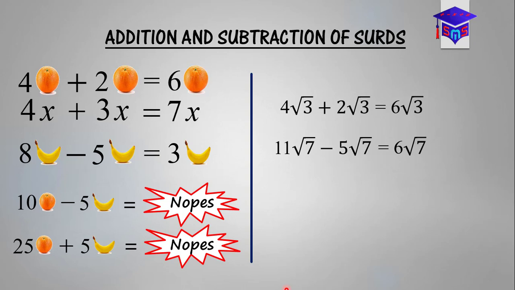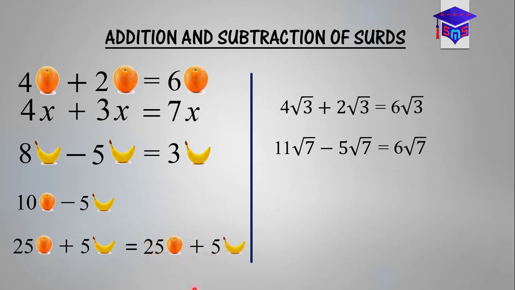But you agree with me that if I have 25 oranges in a box and I add 5 bananas, I'm going to have 25 oranges and 5 bananas. It can never add to give a single item, like 30 oranges-bananas. No, there's nothing like oranges-bananas. And so the same way, in this case too, I'm going to have 10 oranges minus 5 bananas. This can never add up to give me a single item.